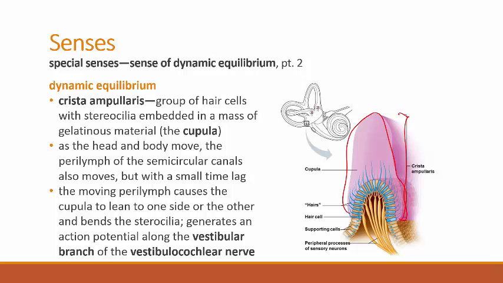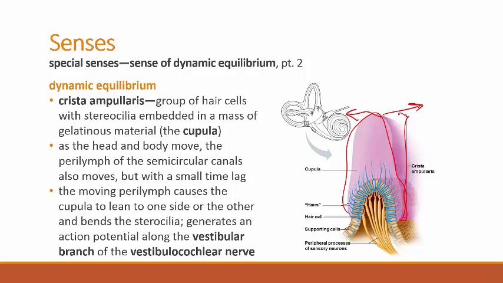So as the head and the body, because it's attached to the head, move, then perilymph in the semicircular canals is also forced to move. And as it moves, then the cupola bends ever so slightly either forward or backward there at the base of the semicircular canal.